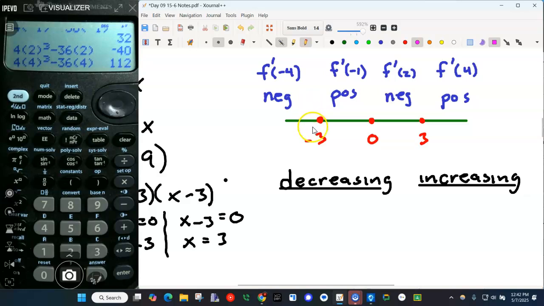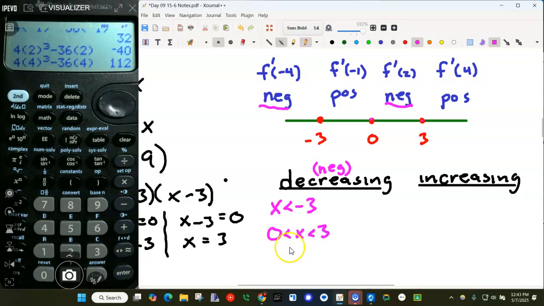All right, and the decreasing will be the same as, where was it? Negative. So that'd be here and here. So everything that was left of negative 3 or less than negative 3. So x is less than negative 3. And everything between 0 and 3.